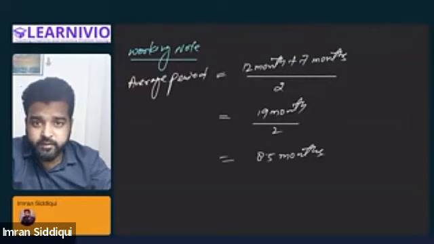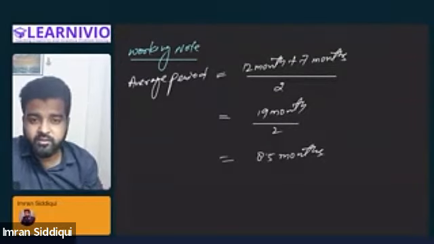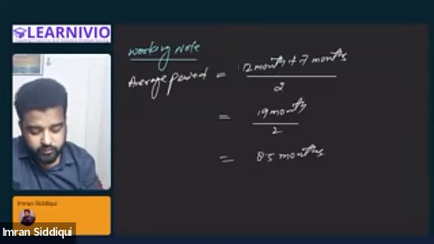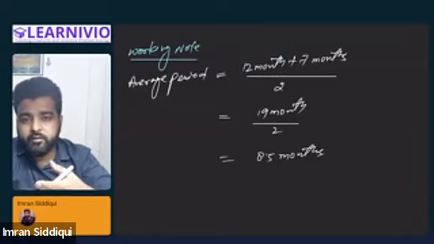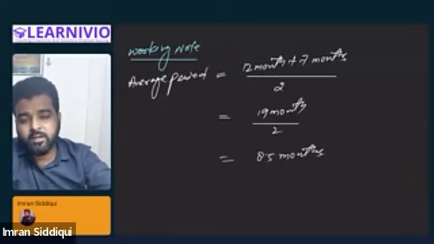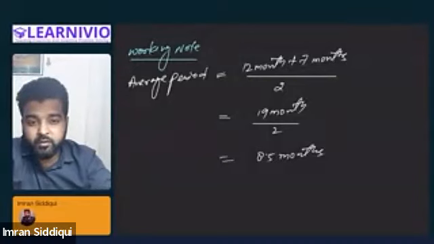To find out the average period, we'll first of all take the number of months left after the first drawing, which is 12 months, since the first drawing was made on 1st of April of the year. So after the 1st of April, the entire 12 months are still there in the year. Then the last drawing must have been made on 1st of September. Why? Because the drawing is made on the first day of every month.